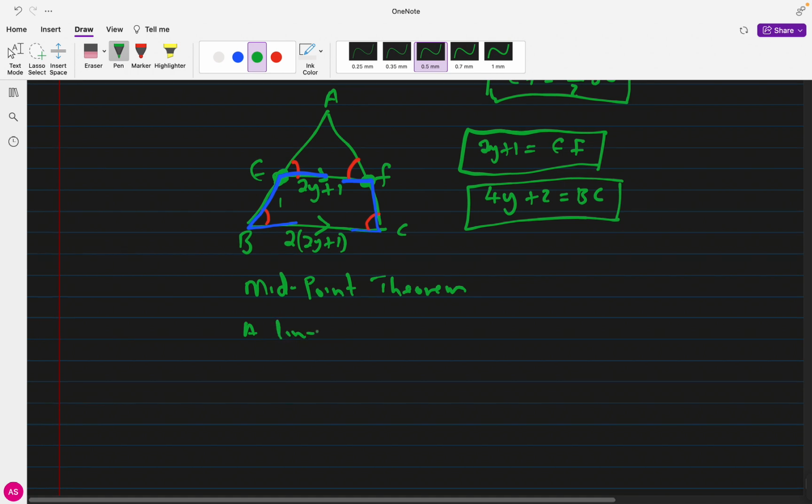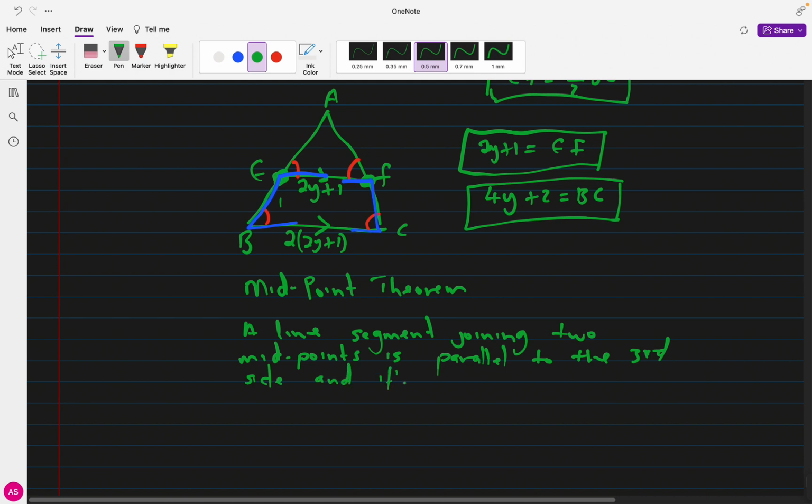A line segment joining two midpoints, right, is parallel to the third side, and its length is half that of the third side.